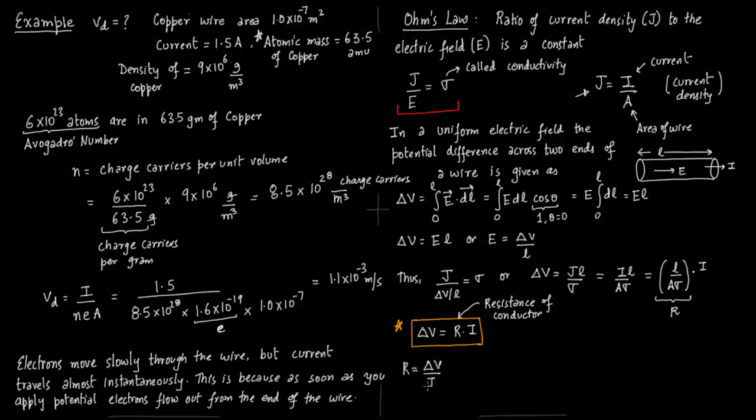So R you can rewrite as delta V over I. Delta V is measured in volts and I is measured in ampere, and the units of R are ohm, and the symbol which we have written there is omega. The omega symbol, that is ohm. These are units of R.